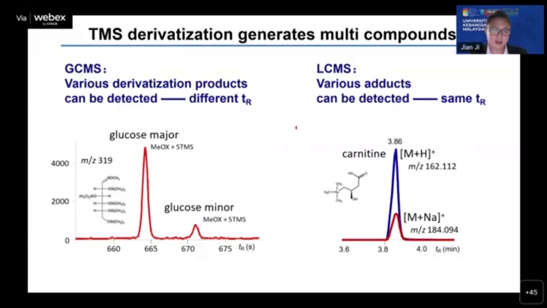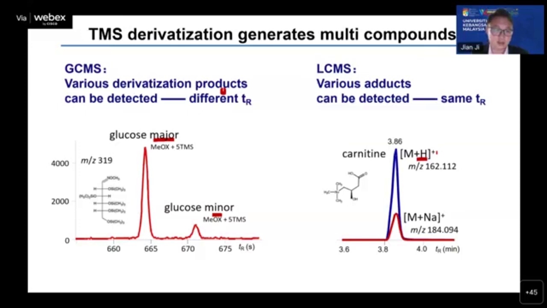So let's make a comparison. In GCMS, because of the derivatization step, you will get lots of byproducts, but these byproducts can be detected at different retention times. Like glucose here, with major and minor forms, there are two peaks because of the different isomers after methoximation. In LCMS, there are also various compounds, but they have the same retention time, just with different adduct ions, like hydrogen or sodium adducts combined with the molecule.